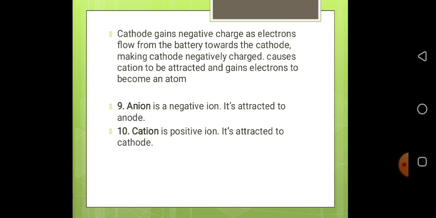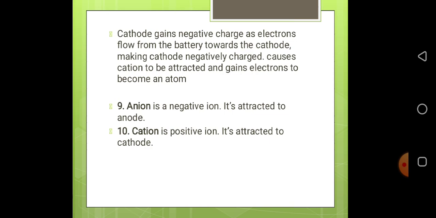Since the anode is positively charged, it attracts negative ions toward itself. The cathode is negatively charged, so it attracts positive ions.